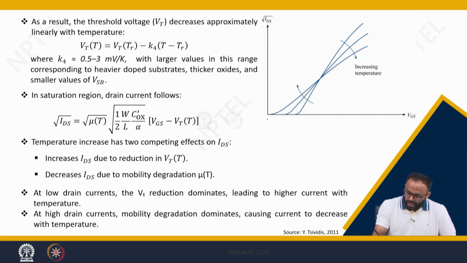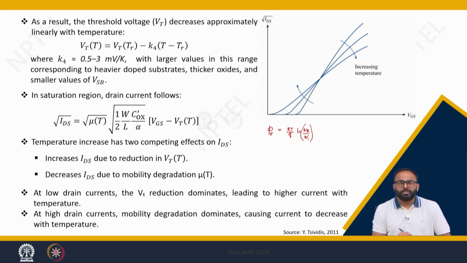In addition, as I mentioned, the Fermi potential is dependent on temperature, which is kT by q log of Na by Ni. If the Fermi potential is dependent on temperature, it directly affects your threshold voltage. It is obvious that if you increase the temperature, the threshold voltage will decrease, because the charges will acquire higher energy and come early near the surface. That is what is given here.